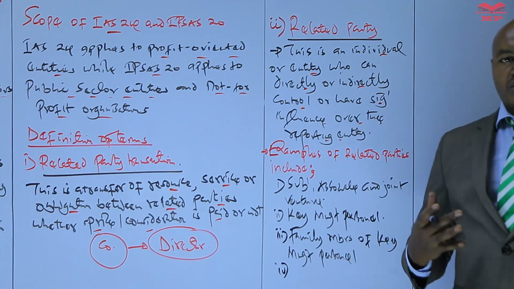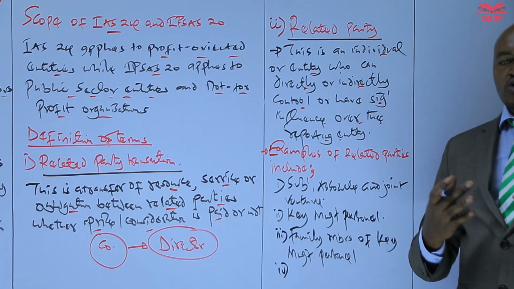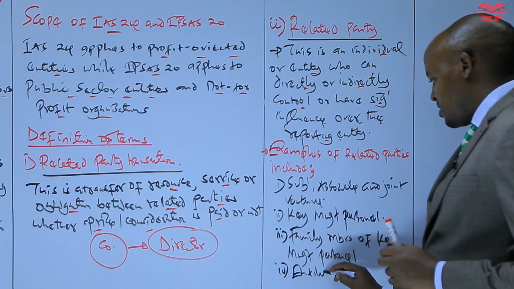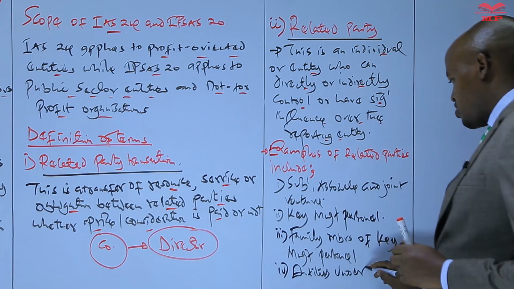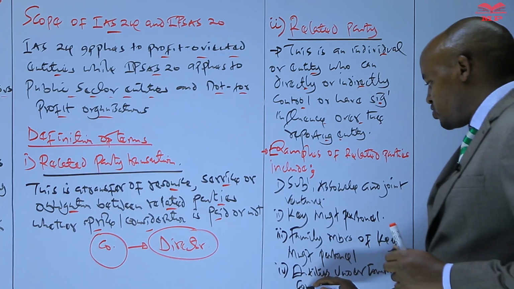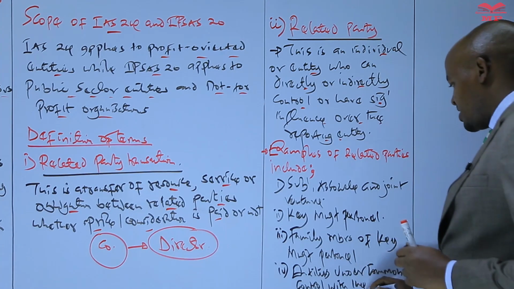The other example of a related party is entities under common control with the reporting entity.